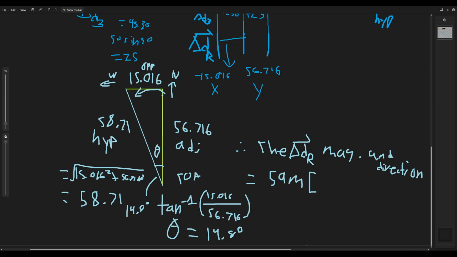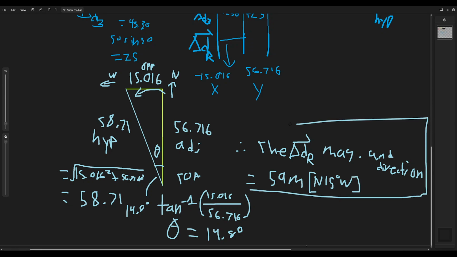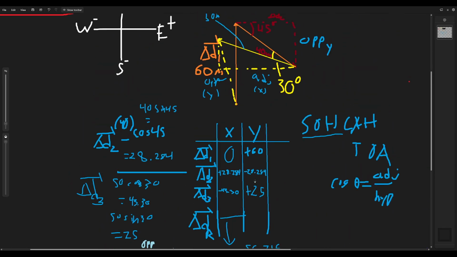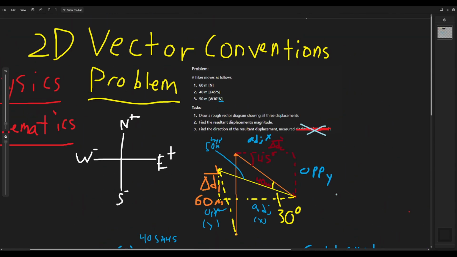Looking north, straying 14.8, but in this case we'll just round it to 15 degrees to the west, so north 15 degrees west. And that is our final answer. We found the magnitude, we found the direction. That is how you solve a 2D vector problem with multiple displacements.